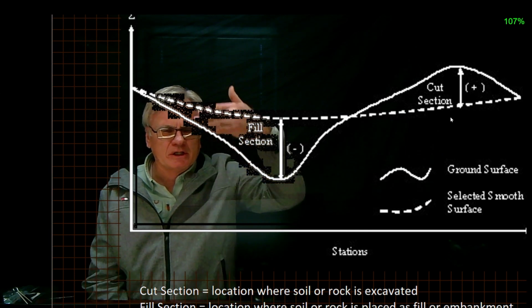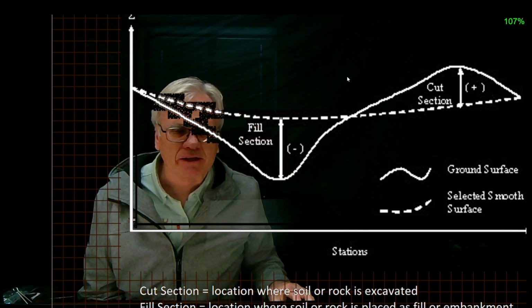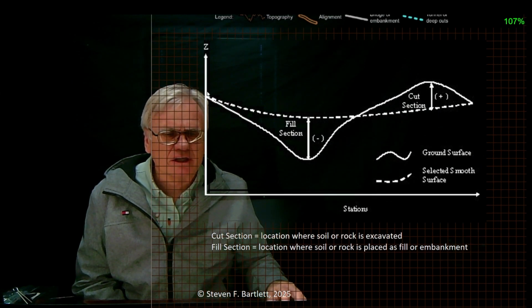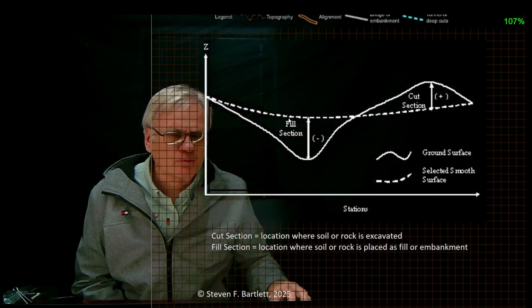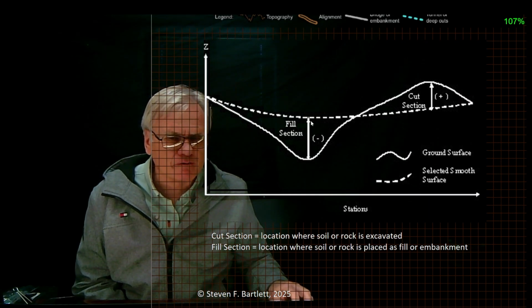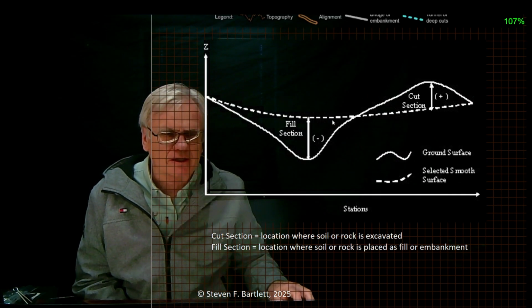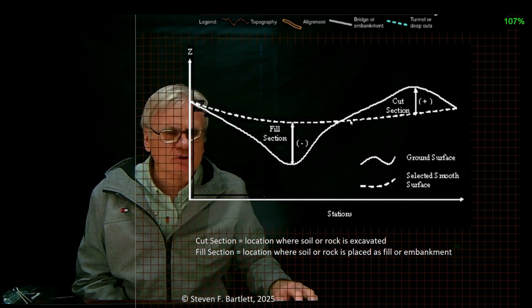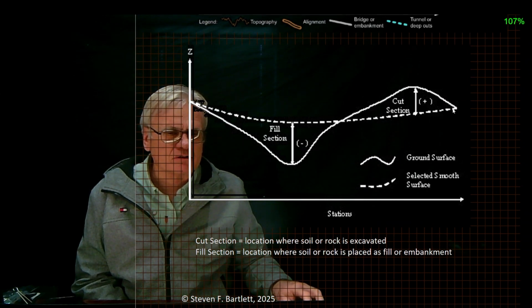So we're looking again in profile view at this, and what the idea is as this vertical profile line crosses the valley, then if we were not to create a bridge, this would be a fill section, so we'd have to fill in this valley with fill. And likewise, if we were to maintain this constant kind of grade out of that valley, then we'd be cutting the mountain here in the cut section.